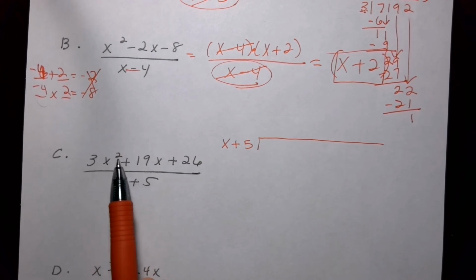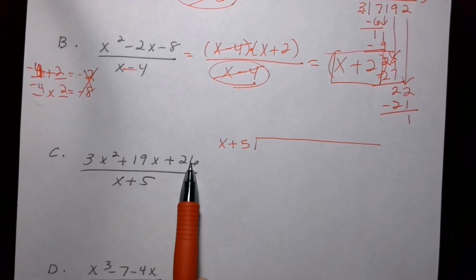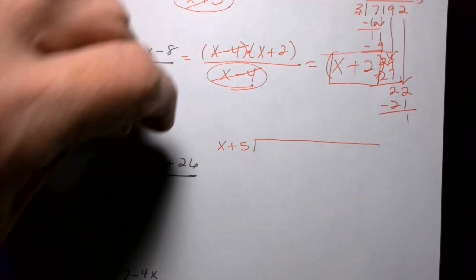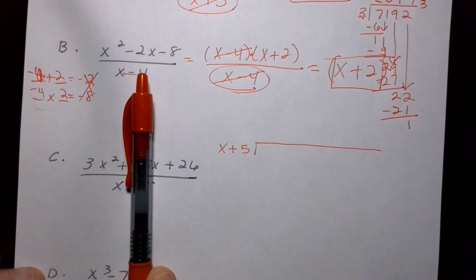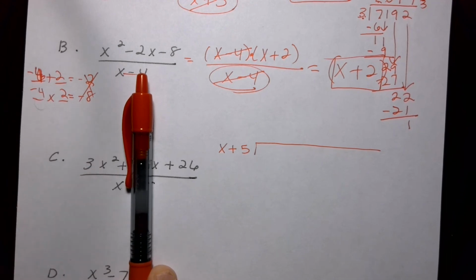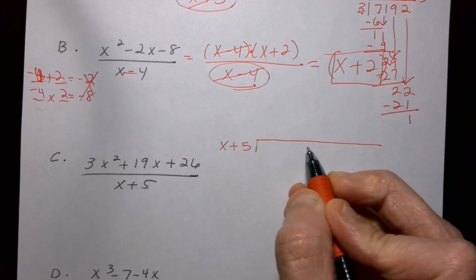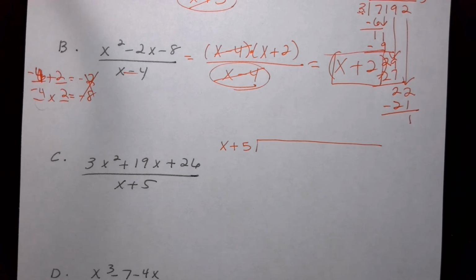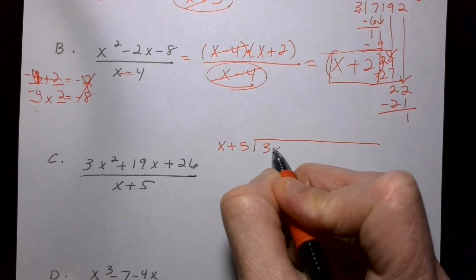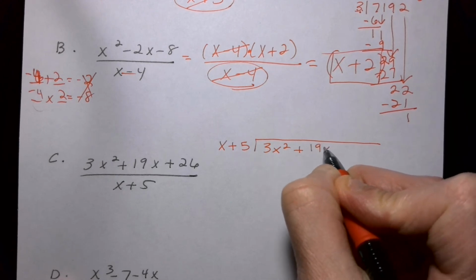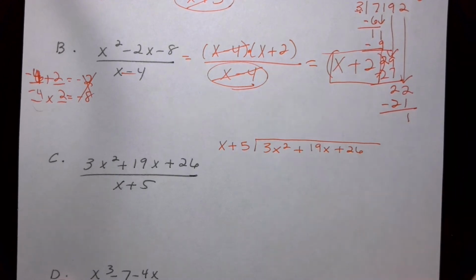Then I should make sure I have an x, and then I need a number, and I do. But for example, if this was missing, this one in the middle, and it was only 3x squared plus 26, then I would have to fill that in with a 0x. It's like a placeholder in here, and you need a placeholder for every part of the descending thing. So I'm going to put this in here, and I think we'll experience that in the next problem for you to see.